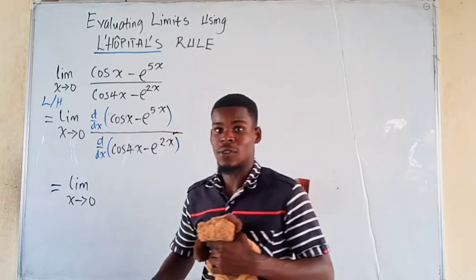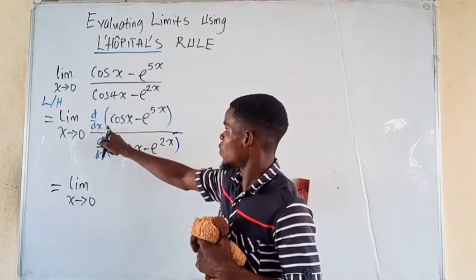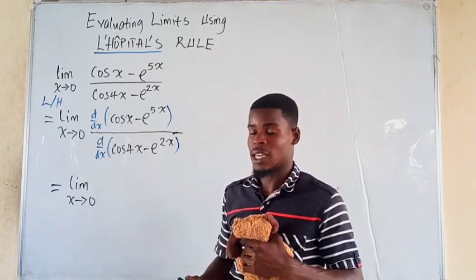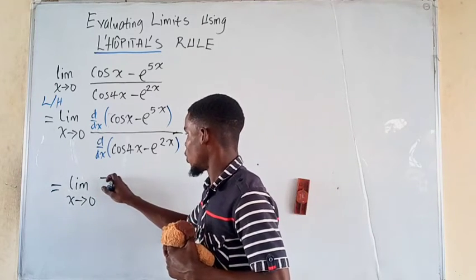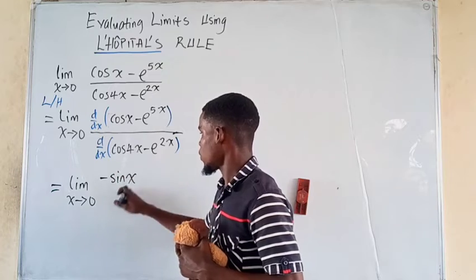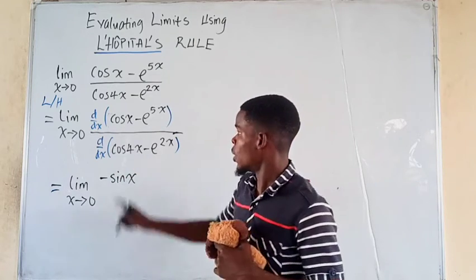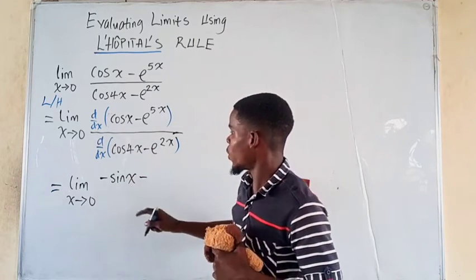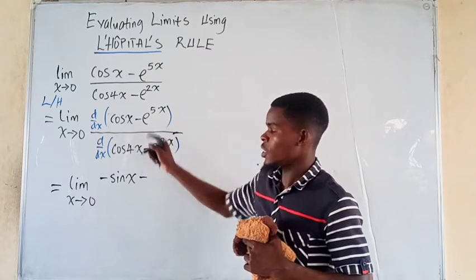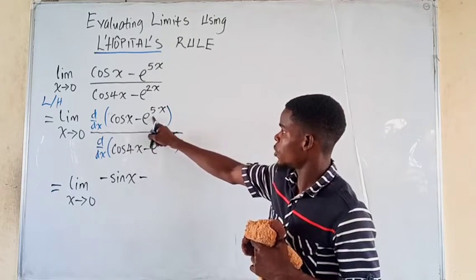So we now have to differentiate the numerator. The derivative of cosine of x will give us negative sine x. That is from the derivative of trigonometric functions. So we minus it with the derivative of the natural exponential function, e raised to the power of 5x.